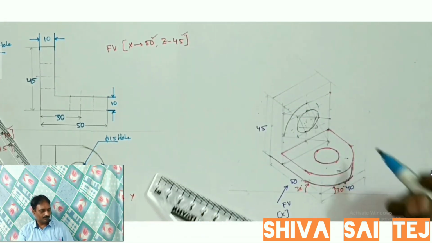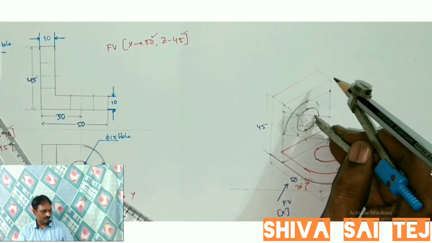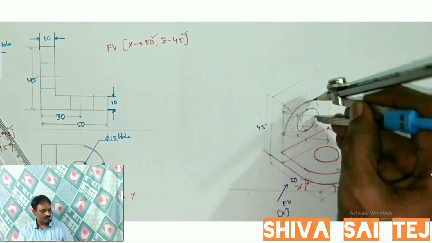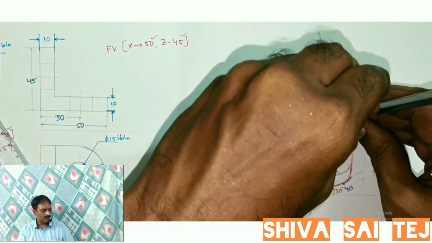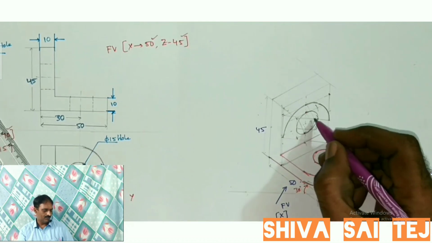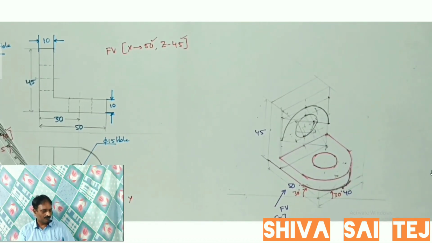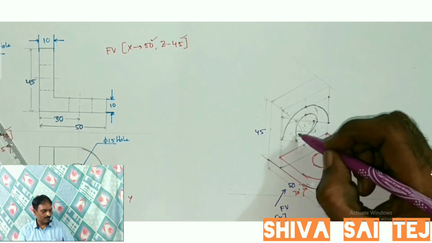So in order to develop the semicircle on to the back layer of this side view, locate the 3 points.